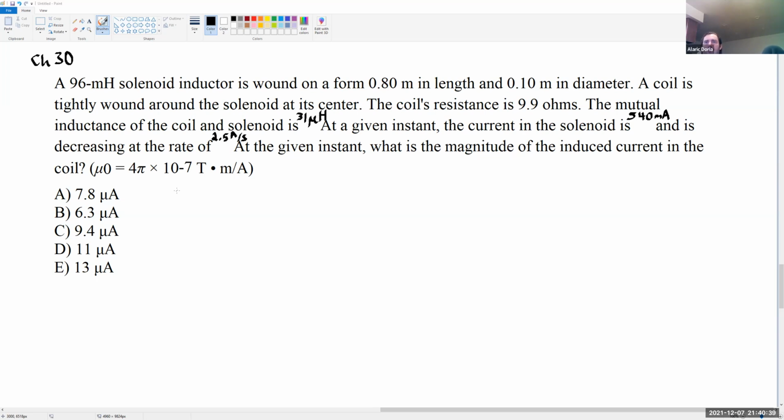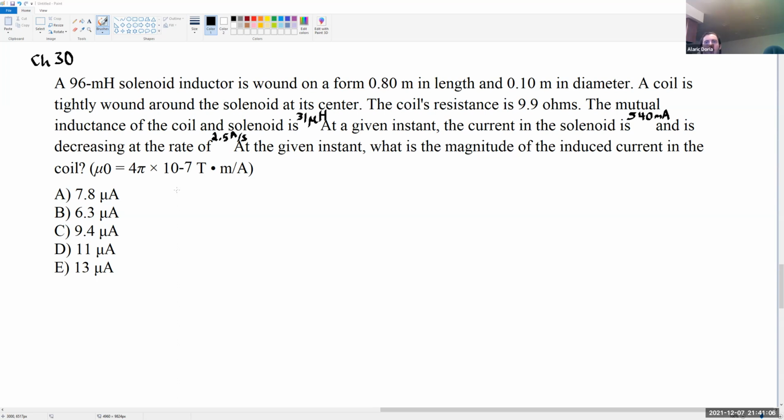The mutual inductance of the coil and solenoid is 31 microhenries. At a given instant, the current in the solenoid is 540 milliamps and is decreasing at the rate of 2.5 amps per second. At the given instant, what is the magnitude of the induced current in the coil?